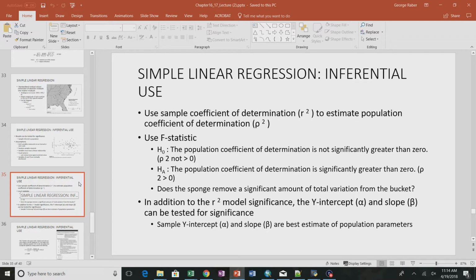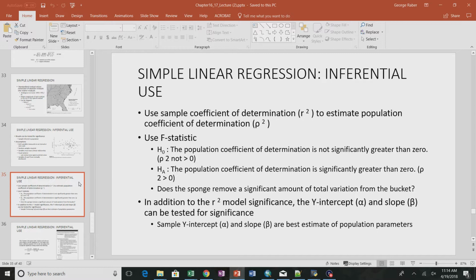All right, so just like with correlation coefficients, with regression, you can run an inferential analysis that will allow you to test a hypothesis. And here, the hypothesis that you're trying to test is that the population coefficient of determination is not significantly greater than 0.